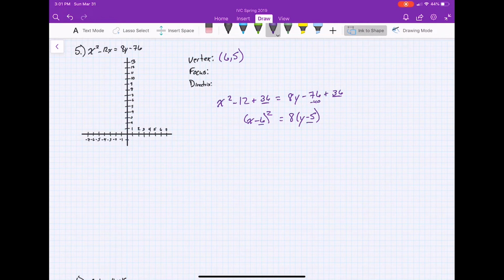All right, so next we need to find our focus, which is the 8, which is 4a. 8 equals 4a. So really we end up with 8 divided by 4, which equals 2, which means we'll plot our (6, 5) here.